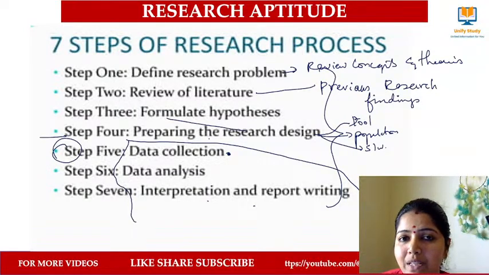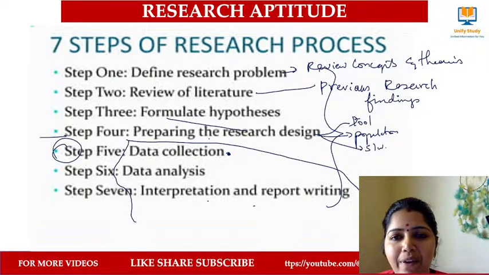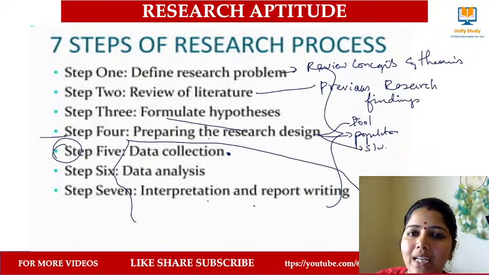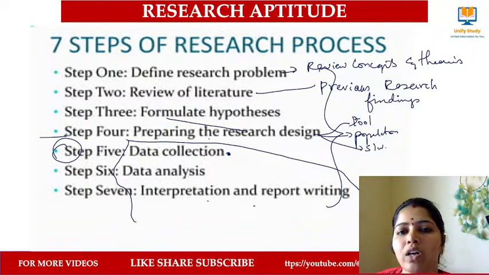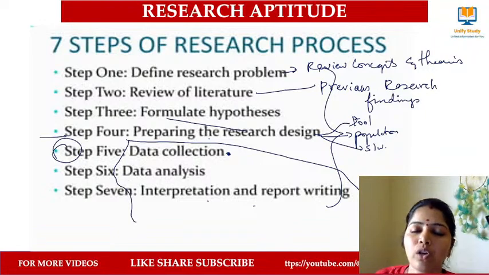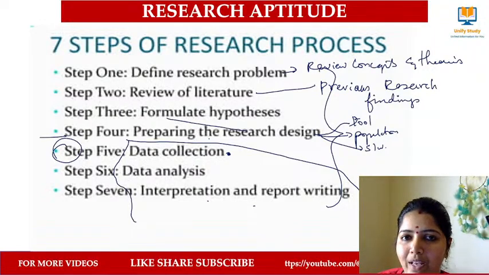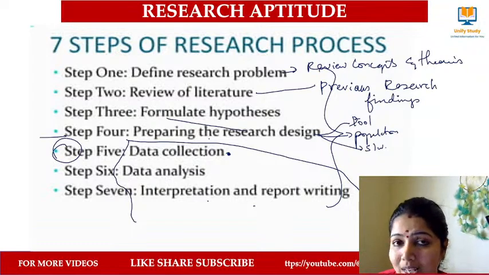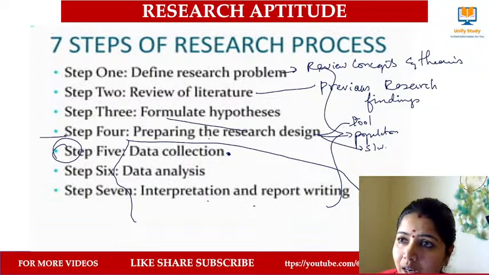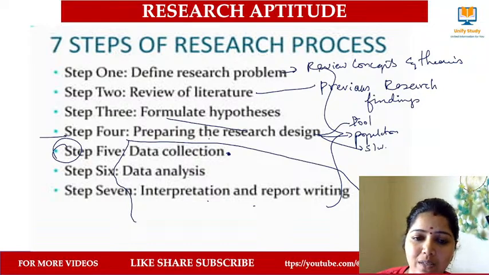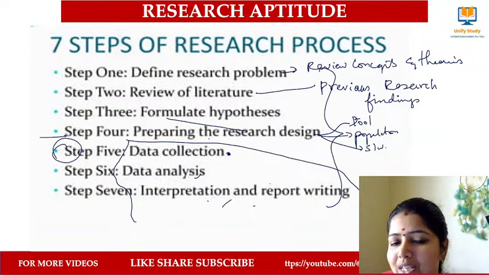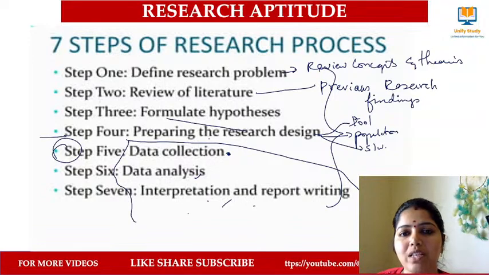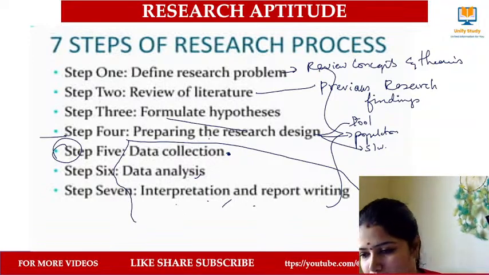If a mistake happens, the whole research may fail, because data collected from a wrong source will lead to a failed research. So we have to collect in a correct way, from correct people, the right number of samples has to be selected, and the analysis tool has to be very good and give correct data. Interpretation has to be done properly. So these 3 parts are said to be the most vulnerable part in a research process.